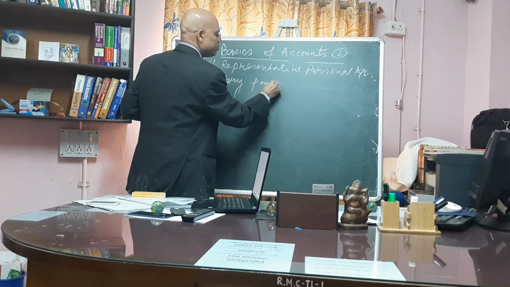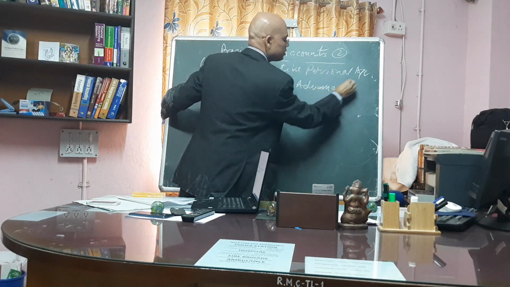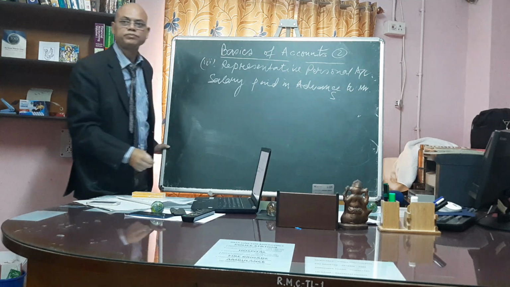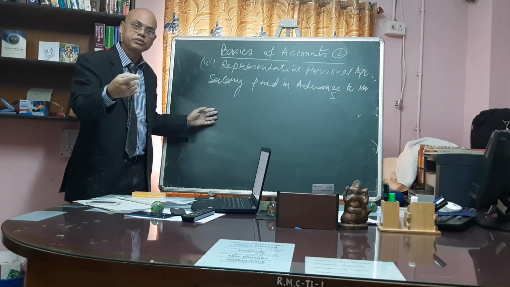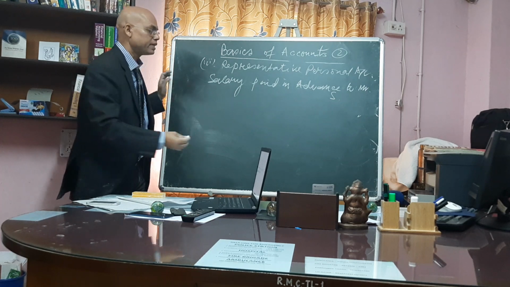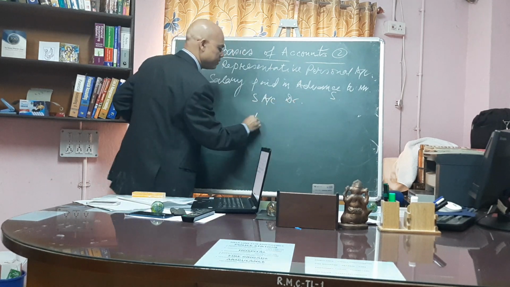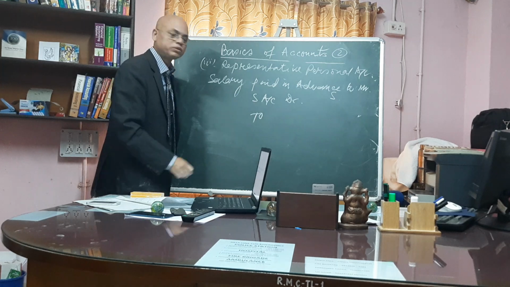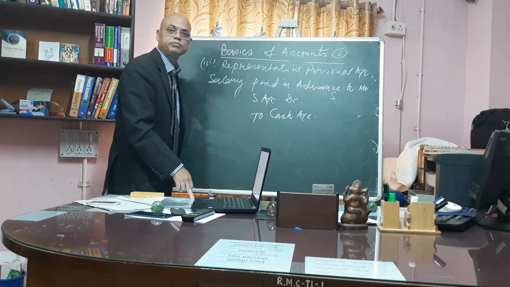Salary paid in advance to Mr. X. If salary is paid in advance to Mr. X, then X is the receiver of the benefit. Then X account debit. And cash has gone out. Therefore, cash account credit.